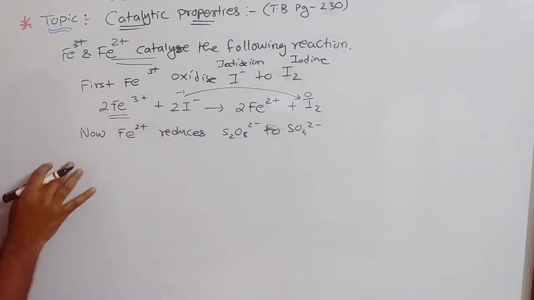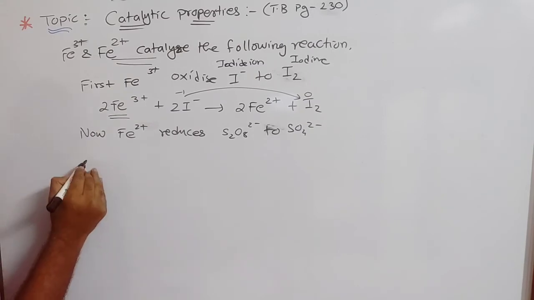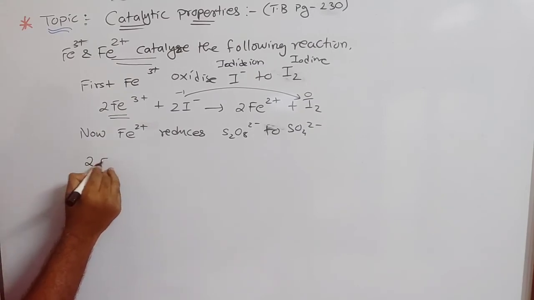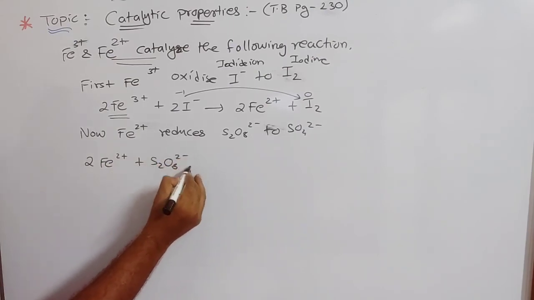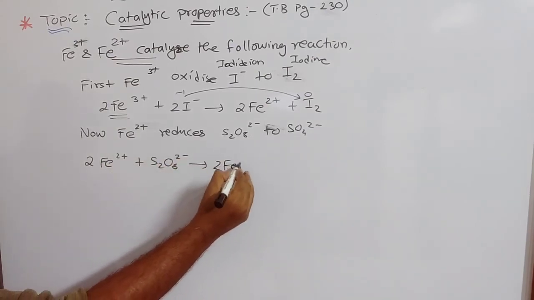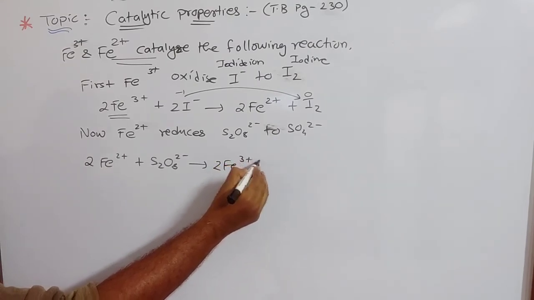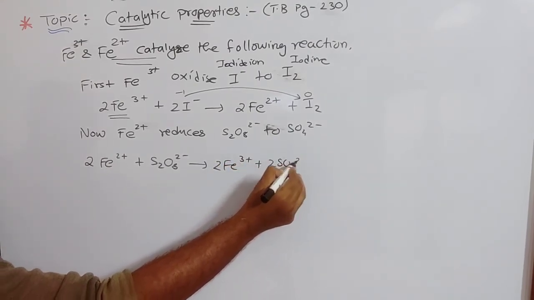That is explained by another equation: 2Fe2+ plus S2O8 2 minus gives 2Fe3+ plus 2SO4 2 minus.